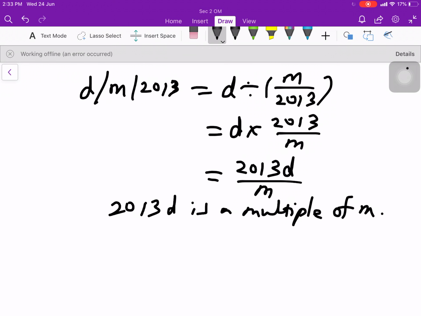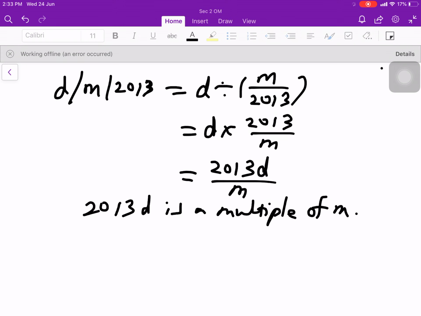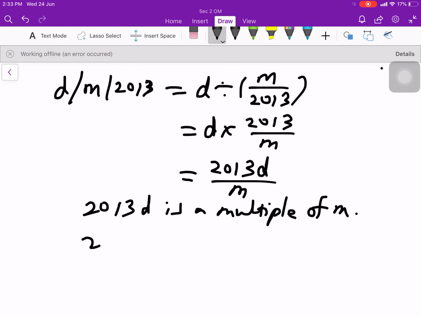Then let's factorize 2013. Okay, therefore in this case, 2013 is actually equal to 3 times 11 times 61. Therefore, all days in month 1, 3, and 11 give integers.